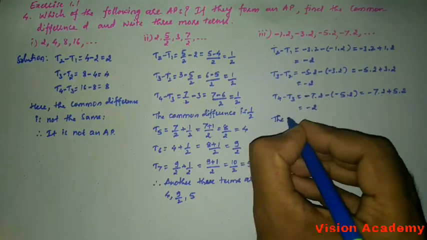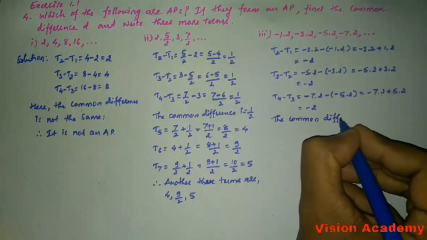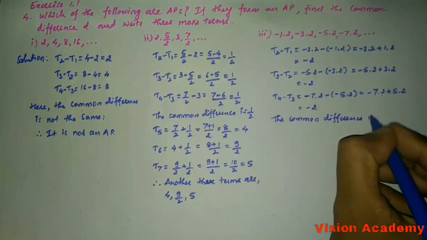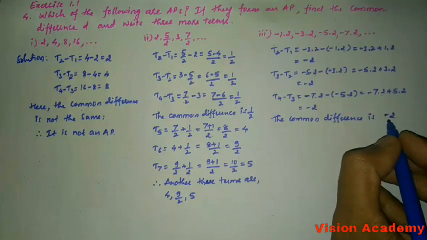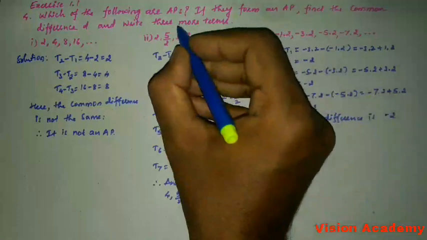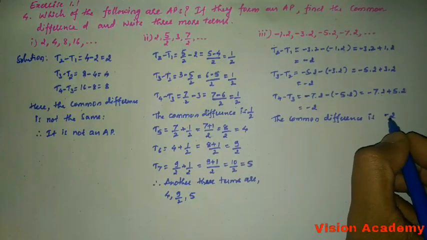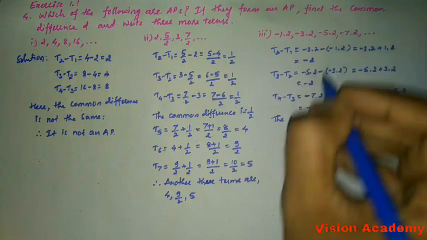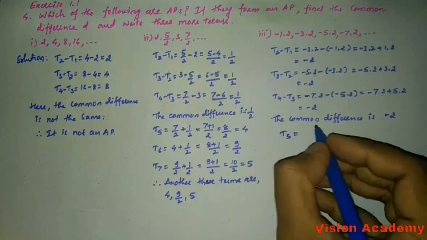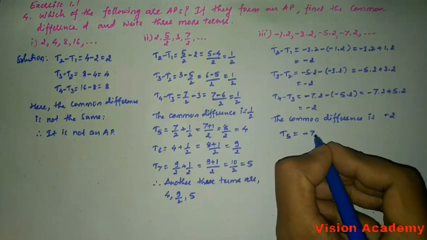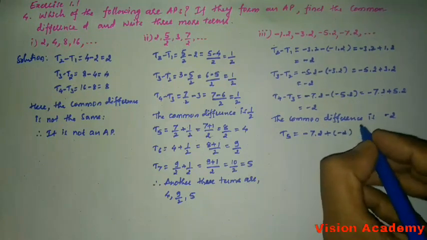The common difference is minus 2. Therefore, in order to find the next 3 more terms, we have to add this minus 2 to the last term. Here we will write T5 is equal to minus 7.2 plus minus 2.